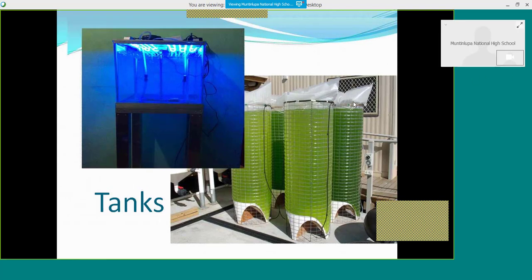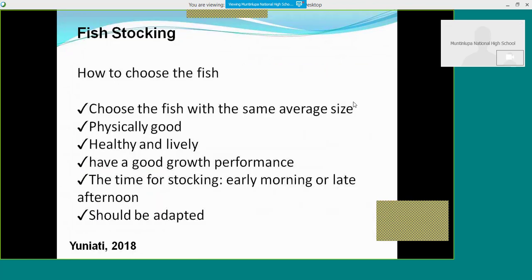Now let's proceed to fish stocking. How are you going to choose the fish? You need to choose fish with the same average size. Also, give emphasis to the number of days of the fish. The fish should be physically good, healthy and lively, have good growth performance, and the time of stocking should be early in the morning or late in the afternoon.